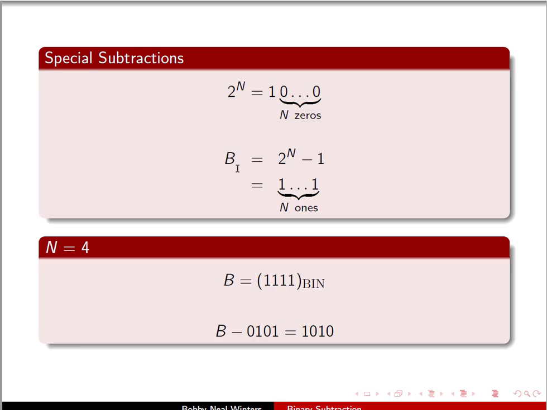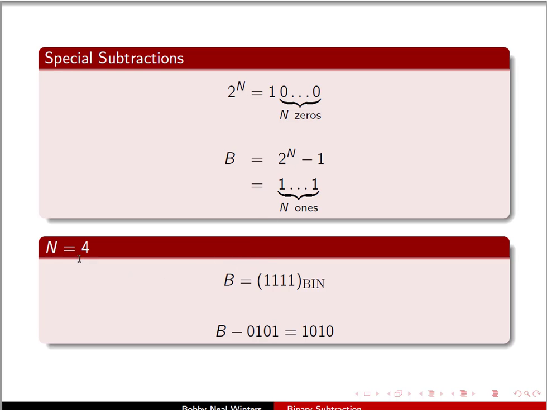Now we're going to denote this by the letter B. I'm thinking of B as big. So we'll say B is equal to n ones in a row, for whatever value of n that we have.